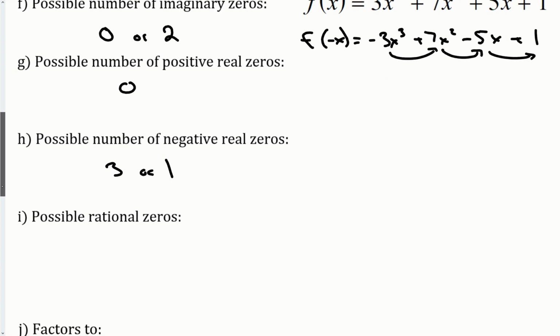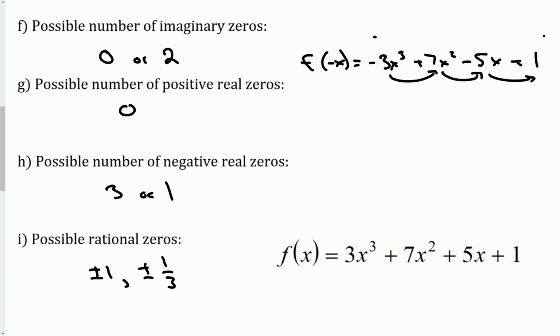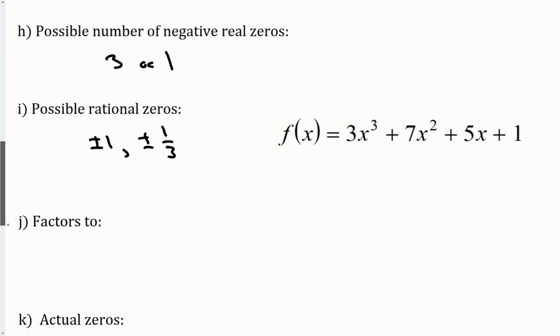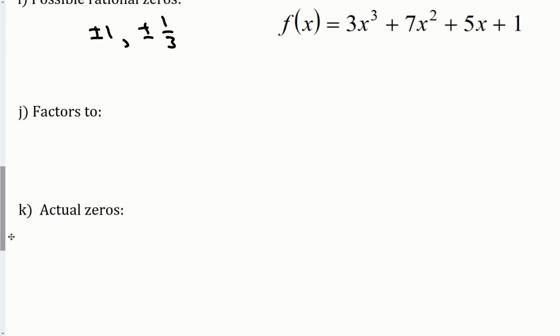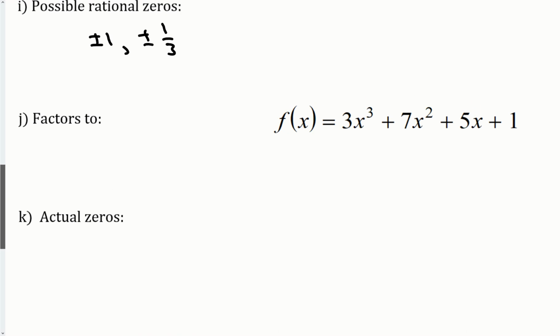The possible rational zeros. Possible rational zeros are the factors of the first term divided by the factors of the last term. So that's plus or minus 1, plus or minus 1/3. Okay. And finally, the last thing we're going to look at here is the factors and the actual zeros, and then we'll graph it.